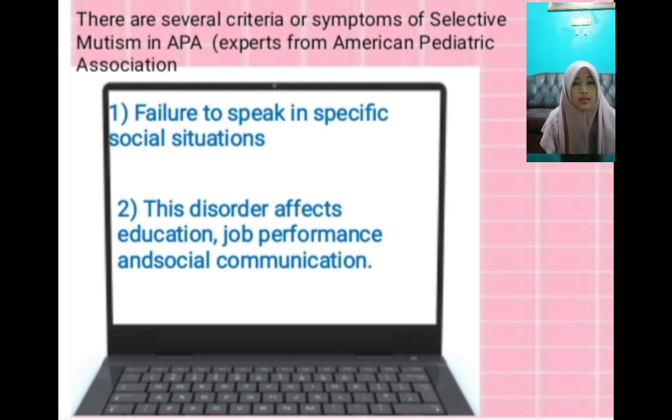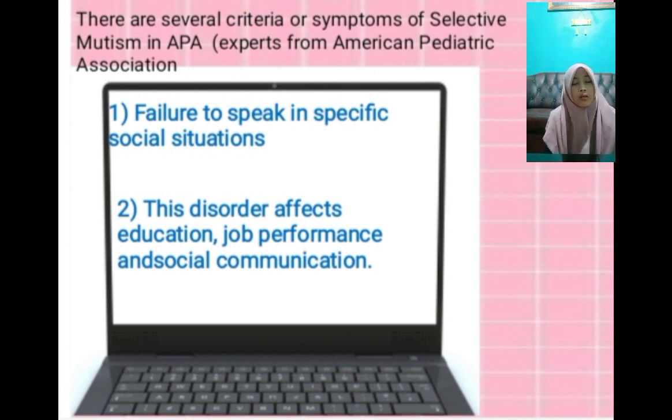And there are several criteria or symptoms of selective mutism according to APA in 2011, such as, first, failure to speak in specific social situations, such as school with playmates, where they are expected to talk, even if they can speak in other situations.